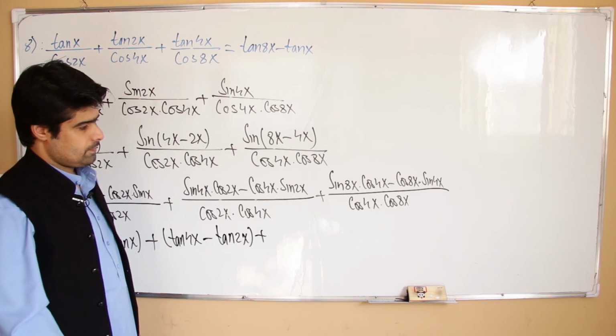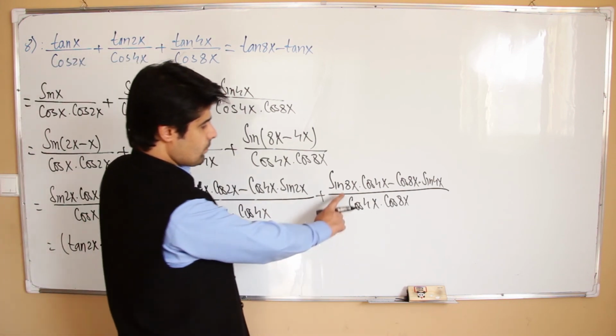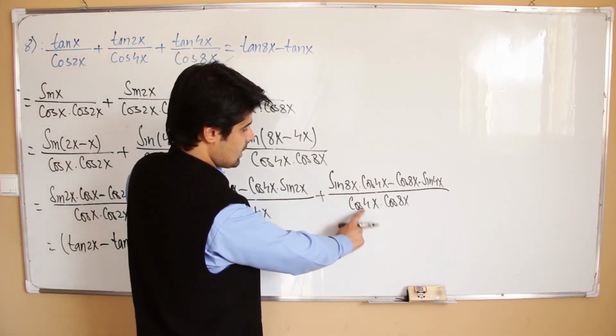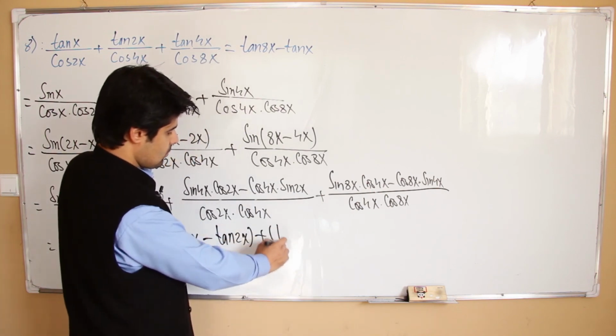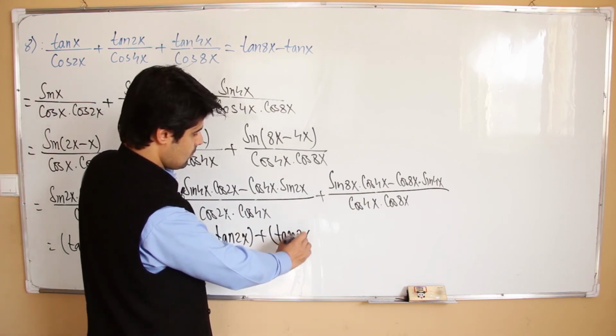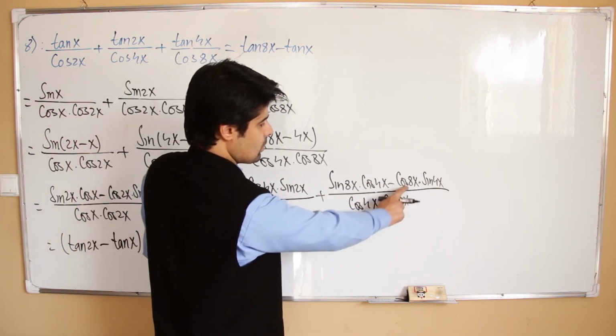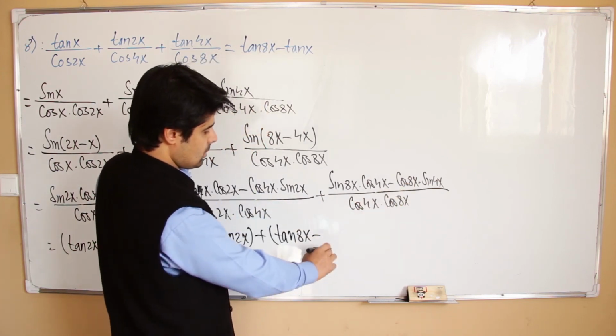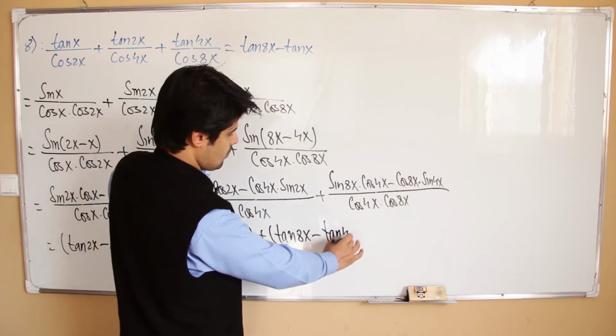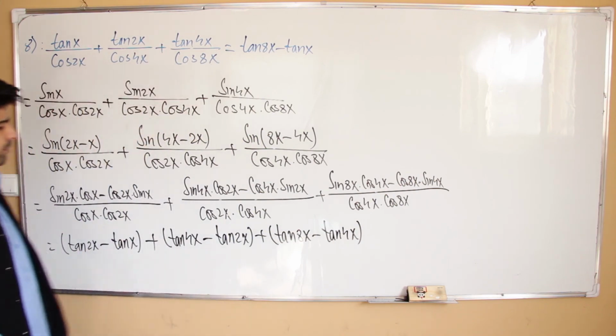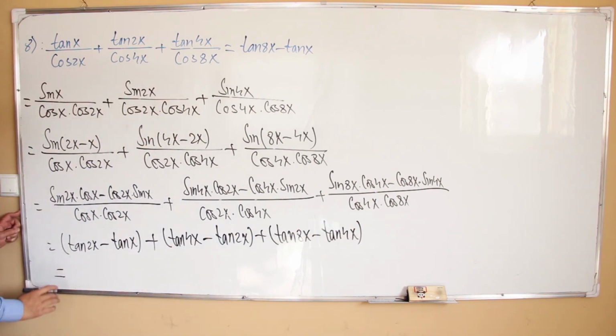Plus this one also, cosine with cosine is cancelled, sine by cosine, it is tangent. Minus this one by this one, cosine is cancelled, sine by cosine, it is tangent. Now, if I remove the brackets, what would we have?